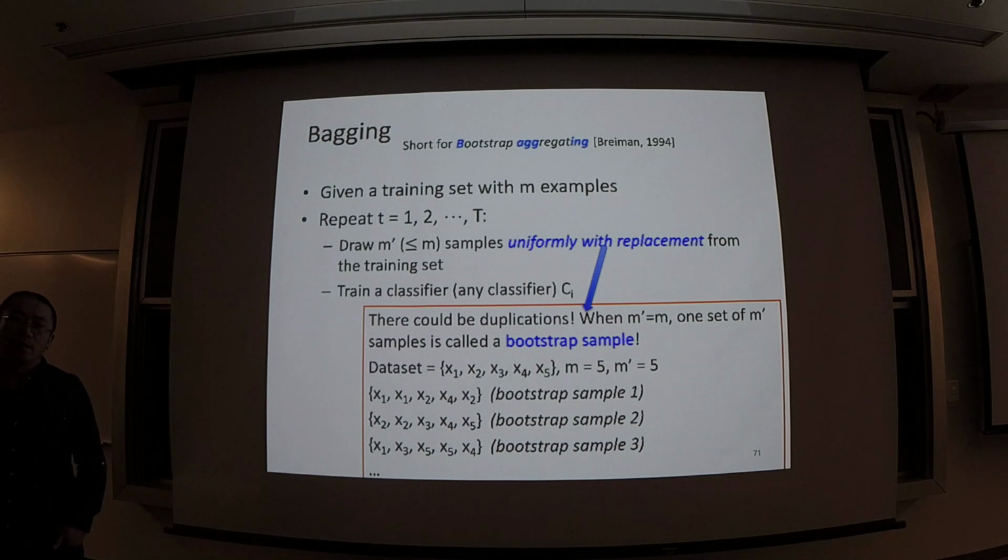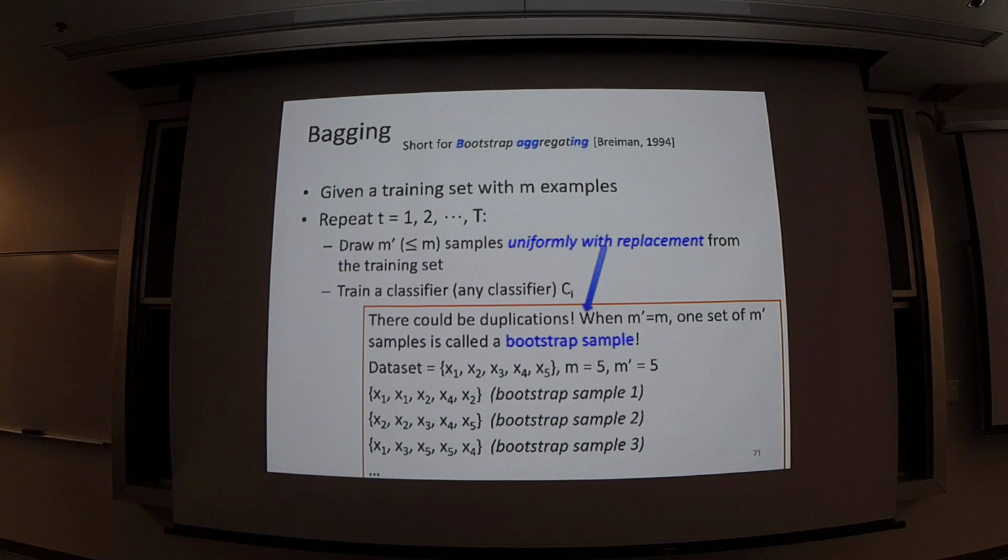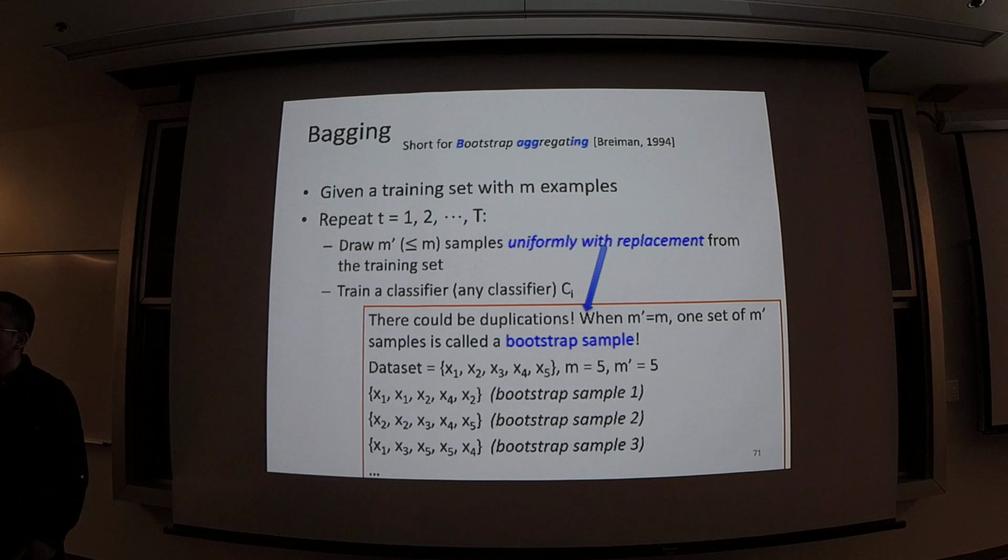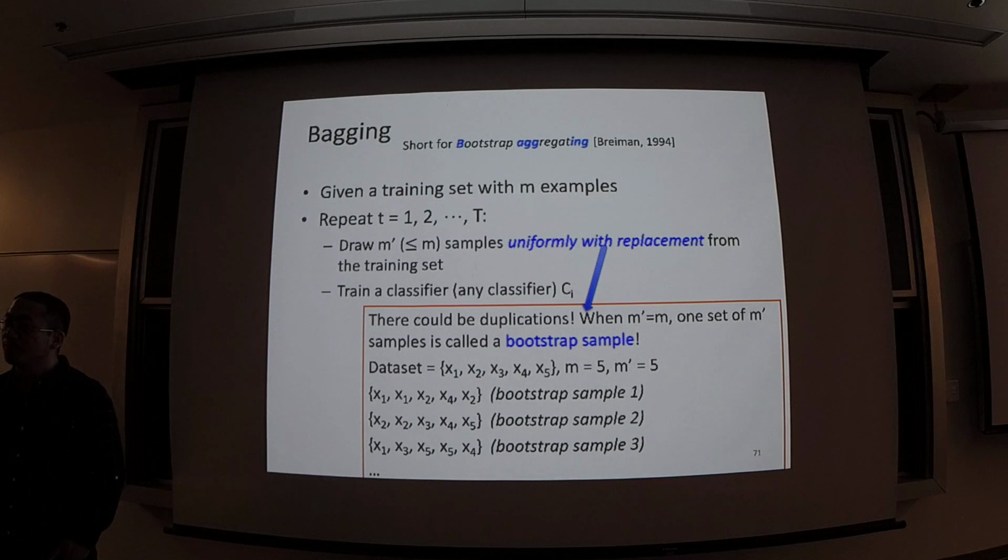Quite a few non-parametric statistics and hypothesis testing methods based on bootstrap samples, like the jackknife or whatever. If you haven't heard that, it doesn't matter. But if you have taken that course, you should have some impression of that. Basically, it just tries to construct a new data set out of the original data set. So this is the first step.